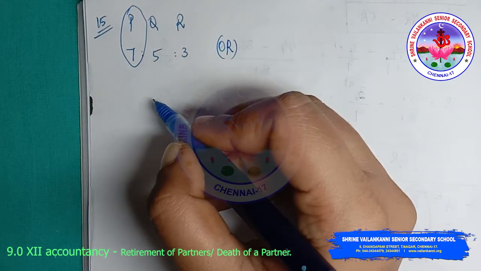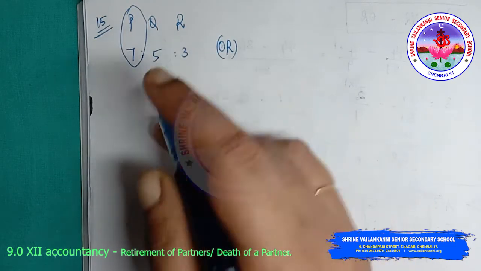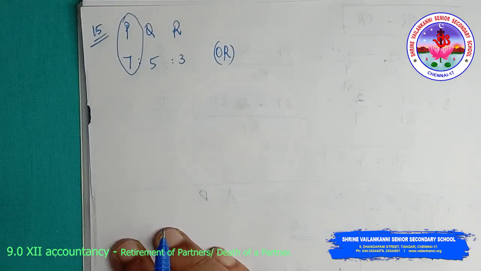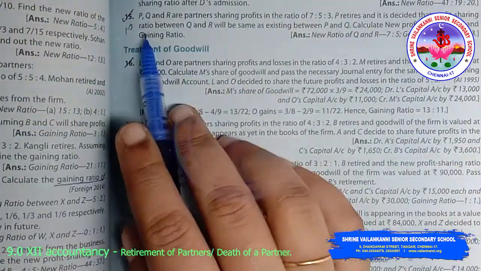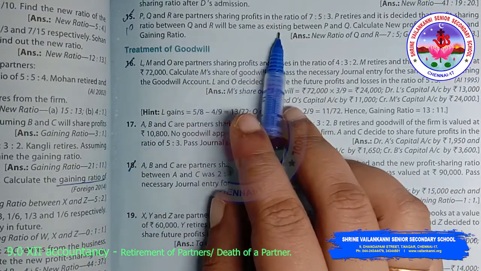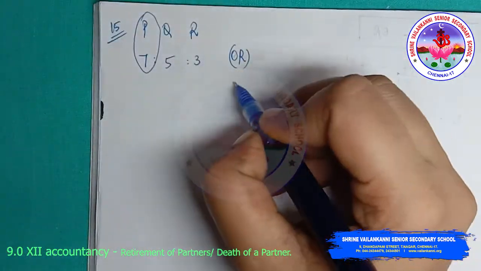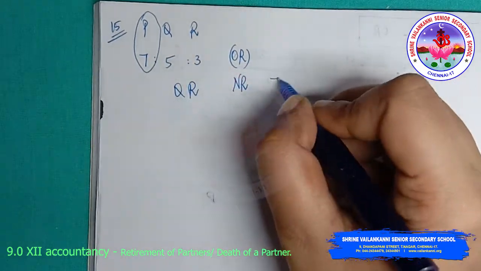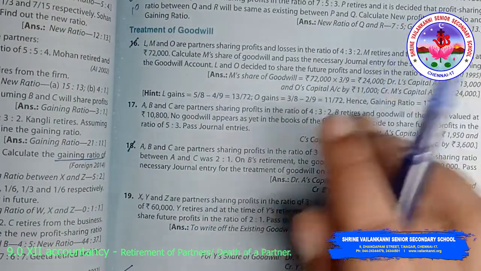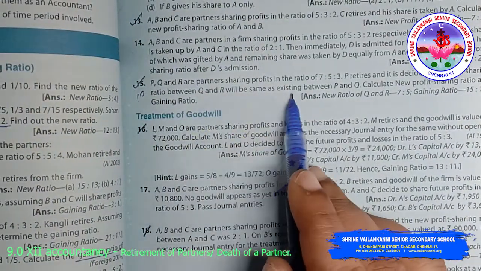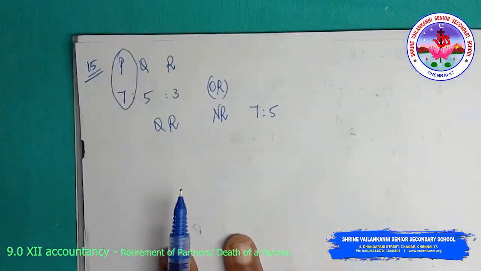New ratio is going to be for Q and R. See, they have given clearly that it is decided that the profit sharing ratio between Q and R will be same as existing between P and Q. So what is the new ratio between Q and R? That is 7:5, because it's clearly given in the question itself. So P and Q is 7:5. So the new profit sharing ratio will be 7:5.